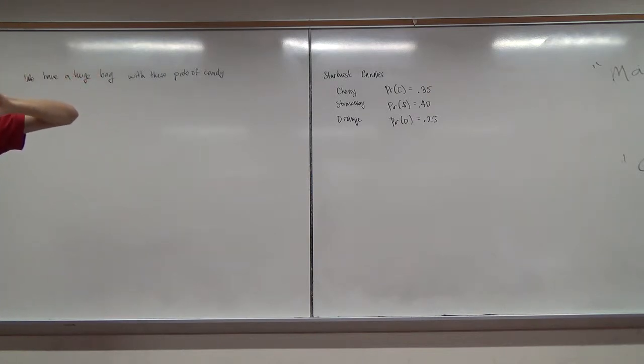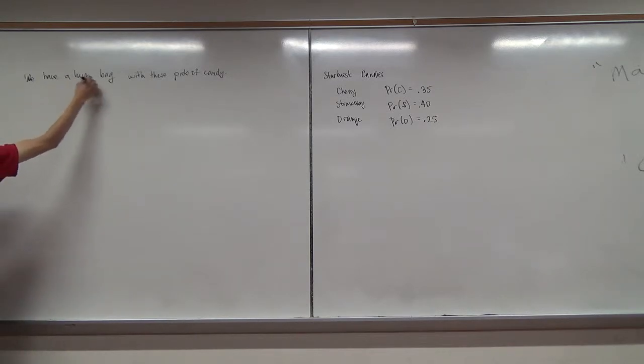But we're going to say it's so huge that whatever change it brings is negligible, so that we can assume that the probability of drawing a cherry candy is 0.35 every time we reach into the bag. Huge, so the probabilities will not change.